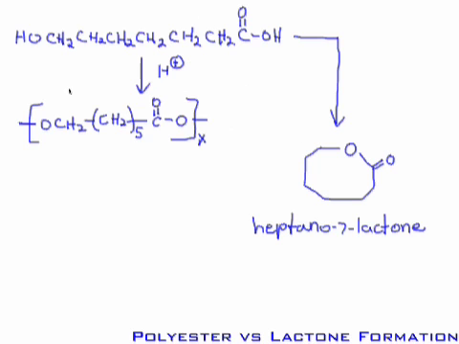Although it is rare, it still can happen. This is a more strained ring, and you can form molecules that are less favorable. So what we have to do to make heptanyl lactone is use a very dilute solution. So there's no chance of polymerization. So a dilute solution.